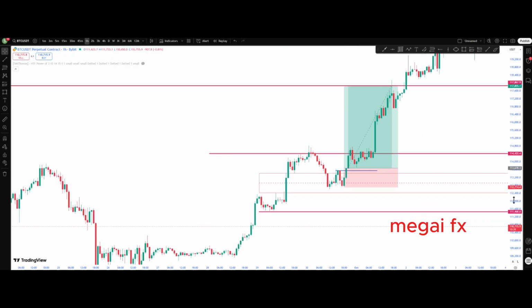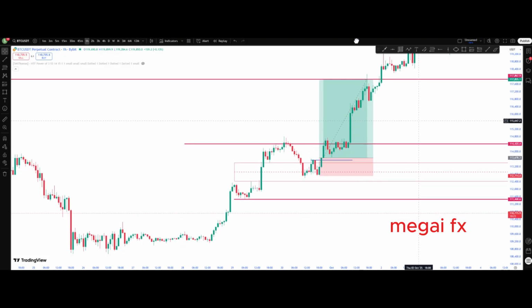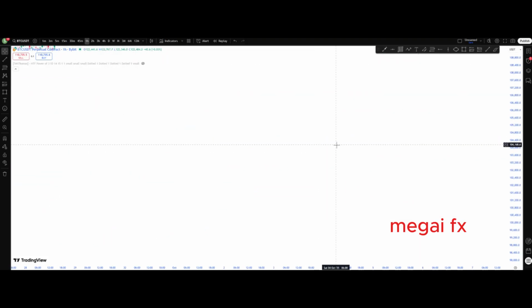So this is how you take advantage of a breakaway gap. You understand? So when you see a fair value gap, always check the third candle. If the third candle fails to close above the second candle, then there is every possibility that price will immediately come back to the fair value gap, test the fair value gap, and continue higher or lower, depending on where price is going.